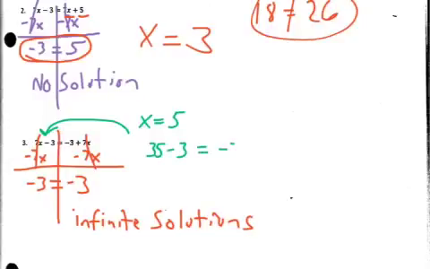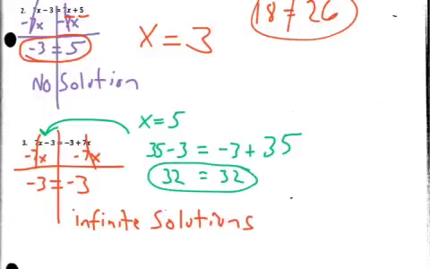If I do that on the right side, negative 3 plus 7 times 5, which is 35. Okay, and 35 minus 3 on the left side is 32. Negative 3 plus 35 on the right side is 32. So again, I just randomly picked the number 5, put it into the equation, and the left side does in fact equal the right side, and it does satisfy the equation.